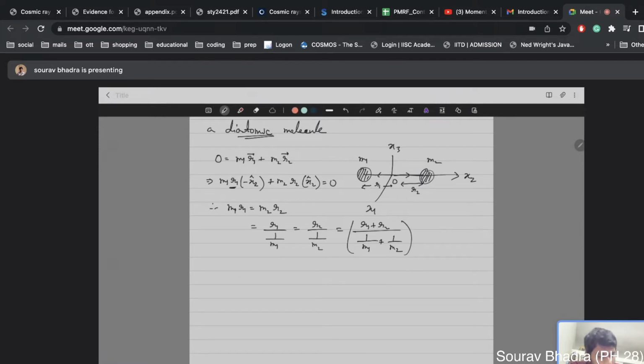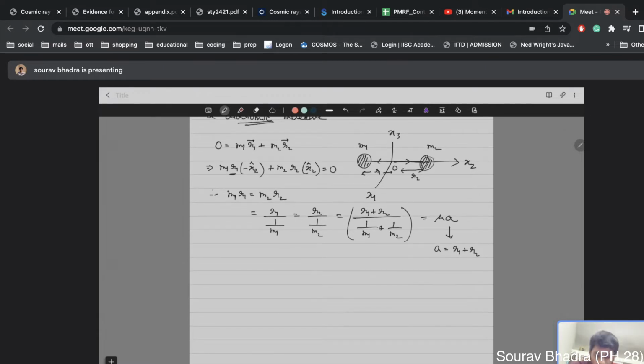You can see the denominator is 1 by m1 plus 1 by m2, which is actually 1 by mu, where mu is the reduced mass. So you can write it as mu A, where A is actually r1 plus r2, the distance between the two atoms. This is what we can write.